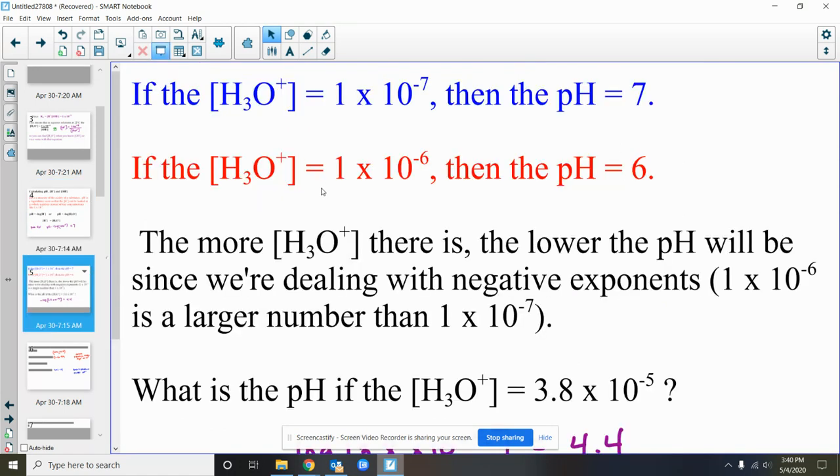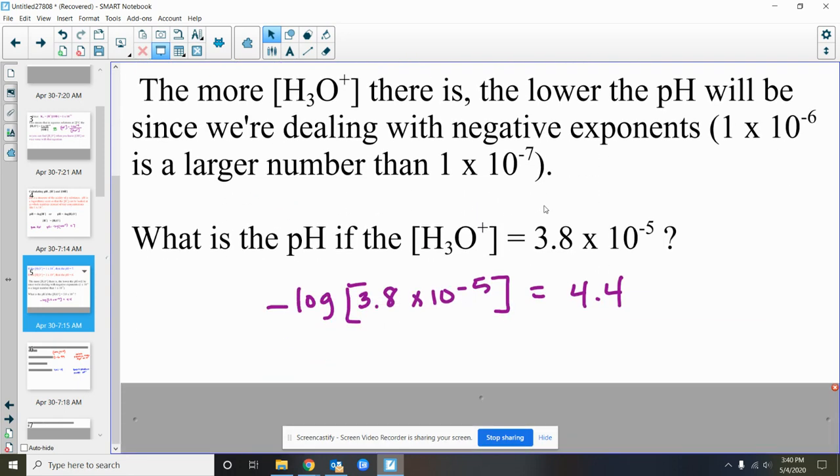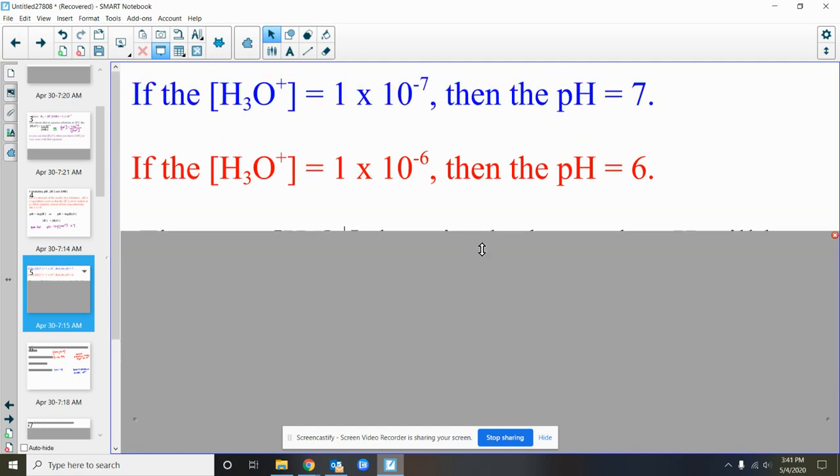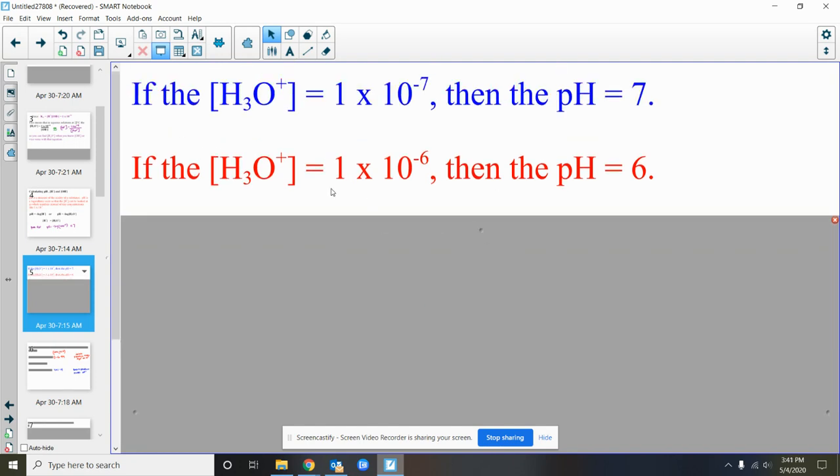Okay, so if we look here, if H3O is 1 times 10 to the negative 7th, then the pH is 7. Okay, actually, let's pull this up here a little bit. And if the H3O is 1 times 10 to the negative 6th, then the pH is 6. So notice that 1 times 10 to the negative 6th is actually 10 times bigger than 1 times 10 to the negative 7th.